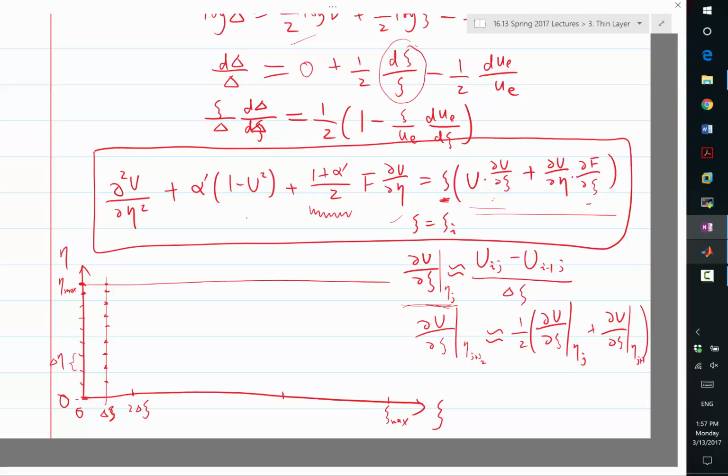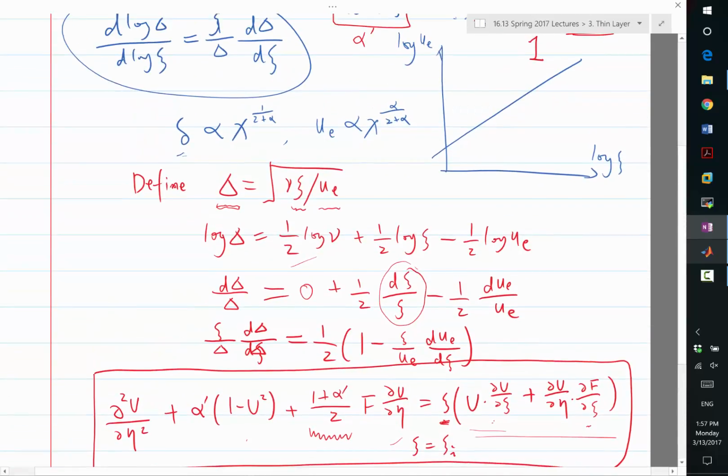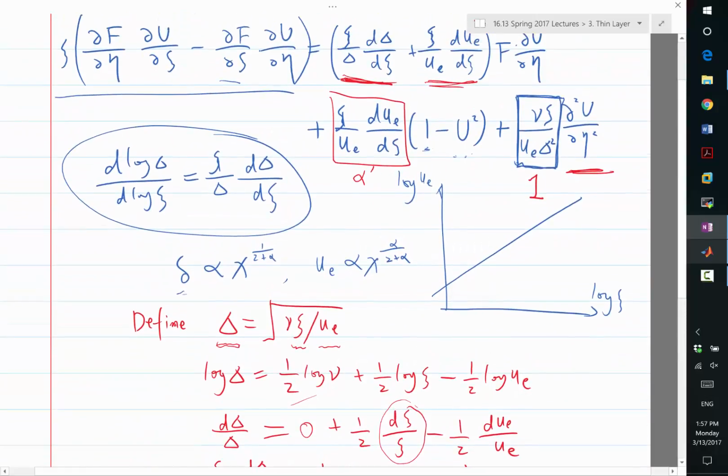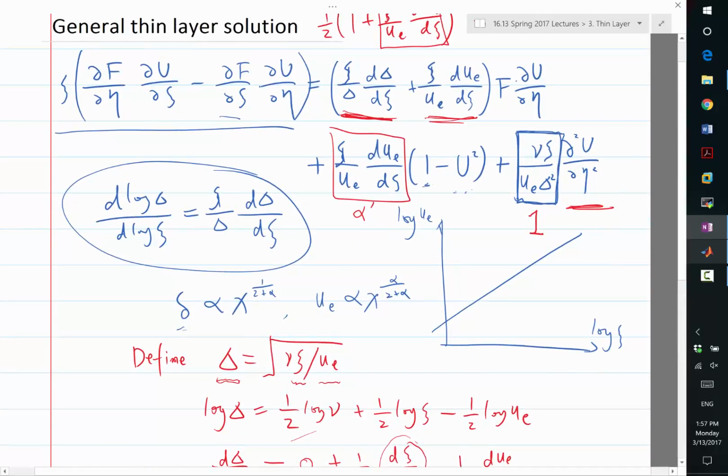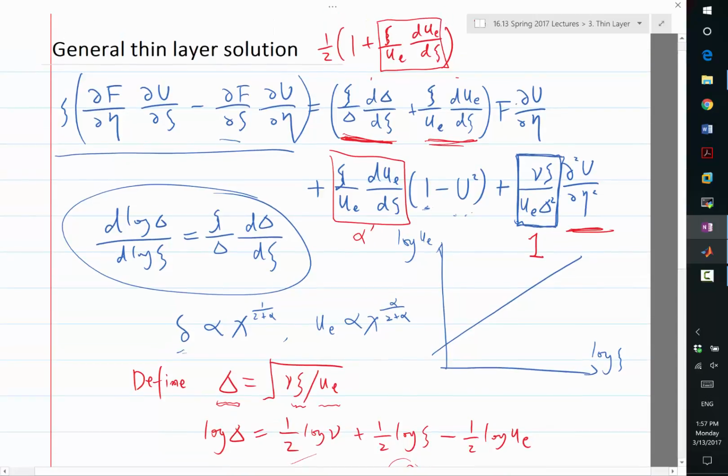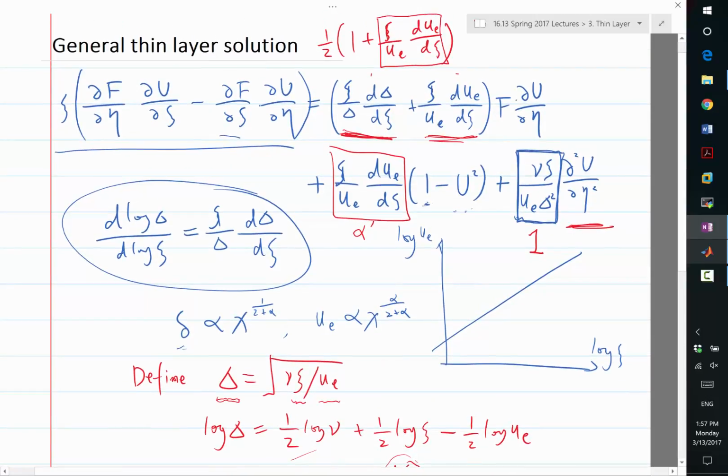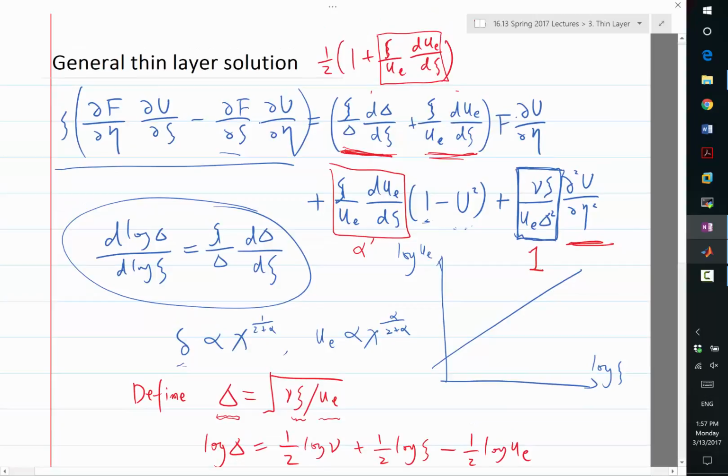What does the alpha prime mean? Alpha prime means xc over ue times due dxc, while our previous alpha is the ratio between these two terms. We can actually derive the relationship between this and our previous alpha.